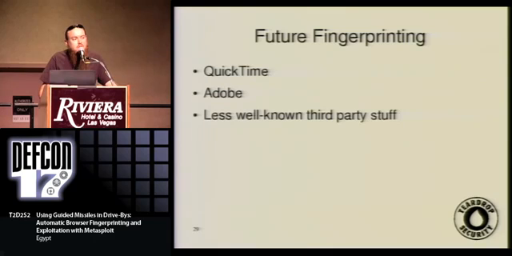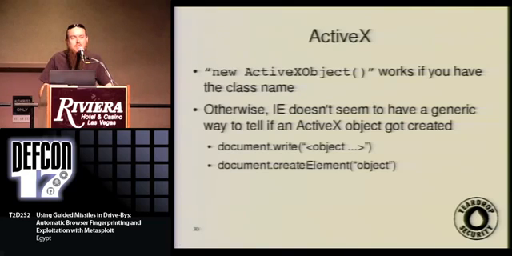Right now, we're not doing any fingerprinting on third-party stuff, QuickTime, Adobe, other plugins, and whatnot. That's planned for the future, but with ActiveX, it doesn't matter, because for an exploit, we have to know the ActiveX class ID or the ActiveX class name anyway.